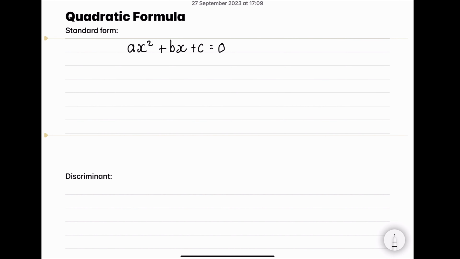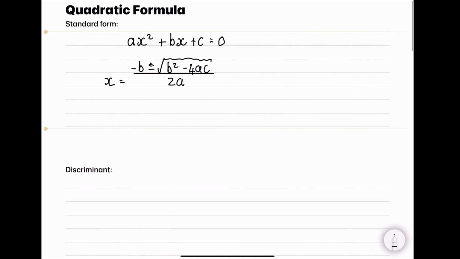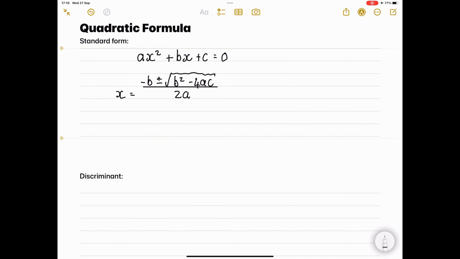And when you use some tricky algebra and isolate the x from this formula, you get your quadratic formula, which is in the form x equals minus b plus or minus square root of b squared minus 4ac, and all of that over 2a. And there you have your quadratic formula.